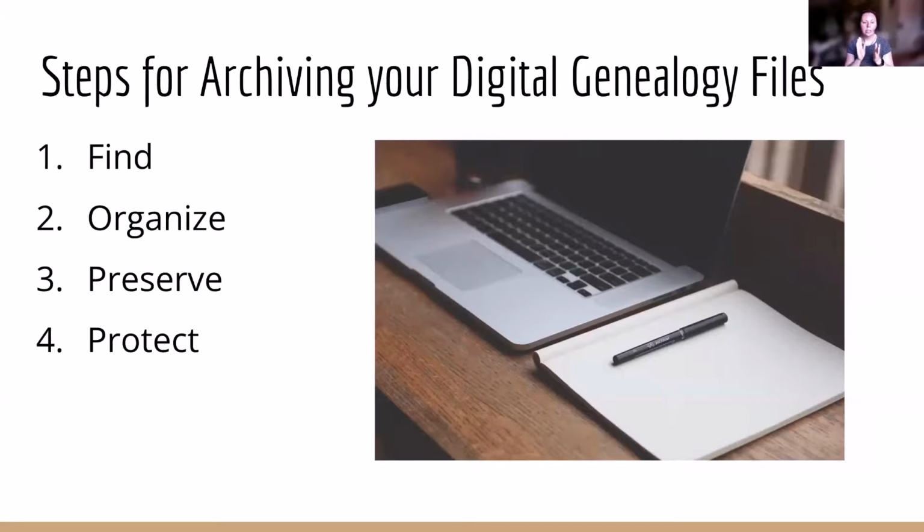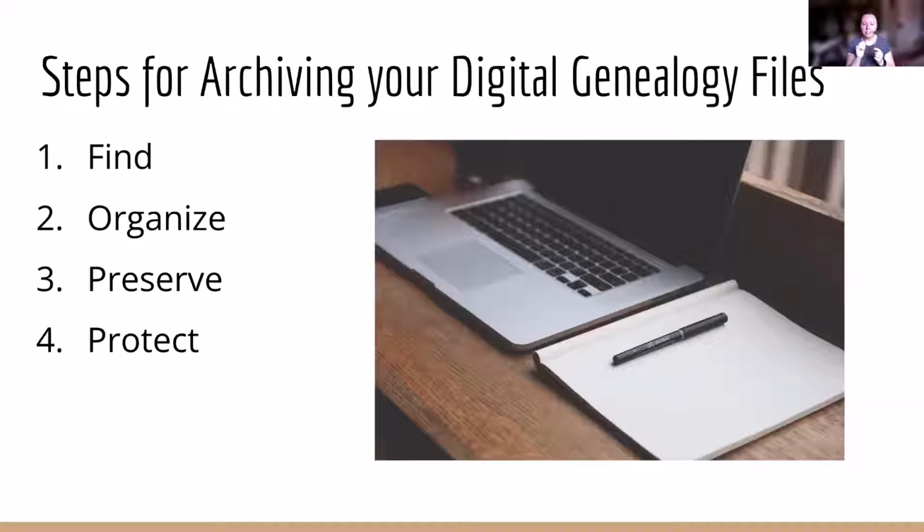All right, so the steps that we're going to do in order to set up your digital family history archive are 4 basic steps. Finding your files, organizing your archive, so setting up the folder structure that you're going to use, preserving the files and making them ready to go into your archive, and then moving them into your archive, and then protecting them.